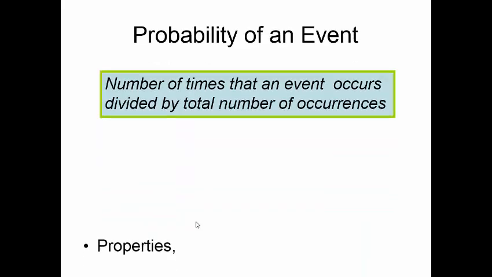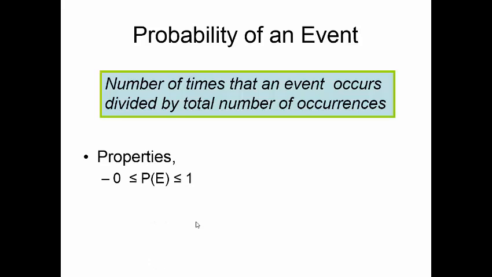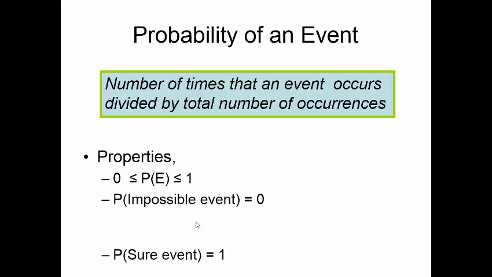How about the probability of an event? A very simple way of looking at the probability of an event is the number of times that an event occurs divided by the total number of occurrences. So this is really a fraction of the occurrences to the total occurrences when the number of occurrences is very large.